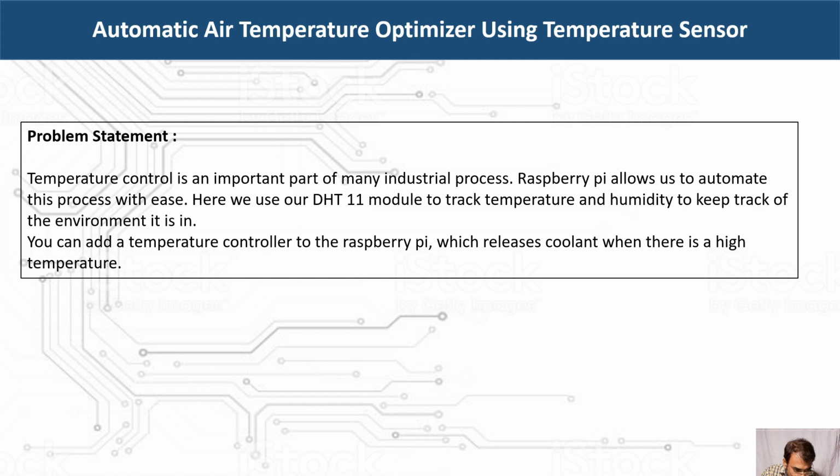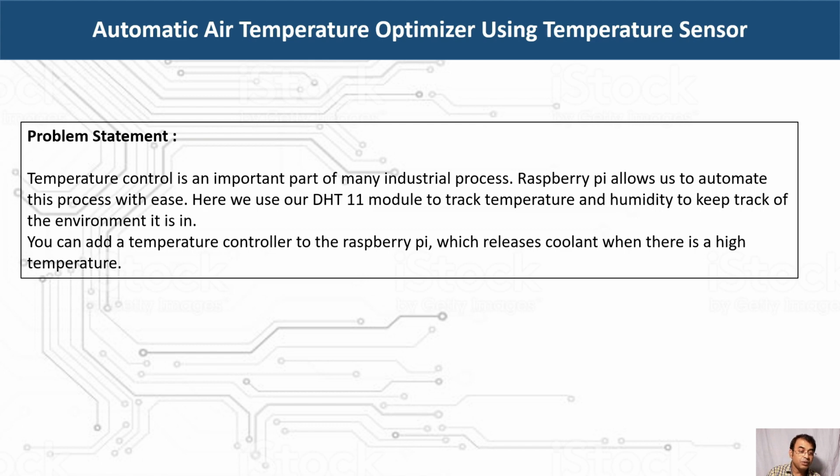So guys, I will go to presentation now. This is the project I will demonstrate, automatic air temperature optimizer using temperature sensor. Problem statement: temperature control is an important part of many industrial processes.